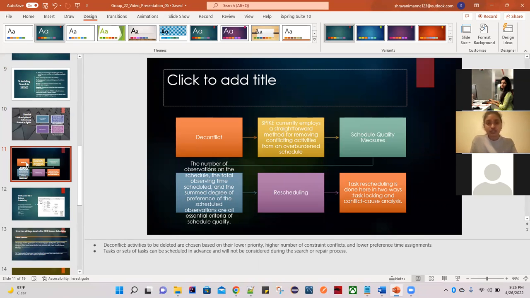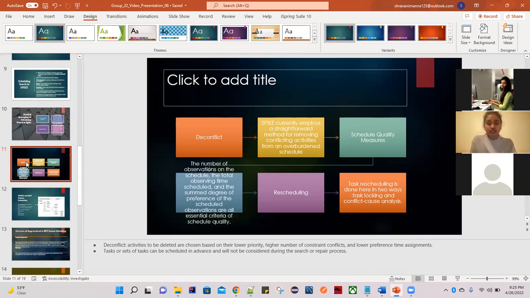Observations were made on the total observing time scheduled and the degree of performance of the scheduled observations. These two are the main criteria for schedule quality. The last step in this process is rescheduling. Task rescheduling is done in two ways: one is task locking and the other is conflict cost analysis.